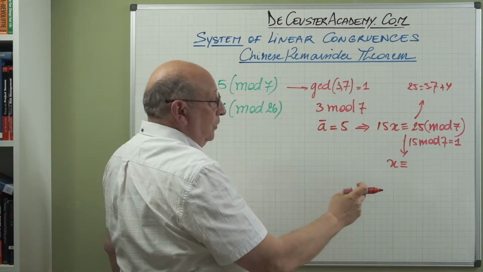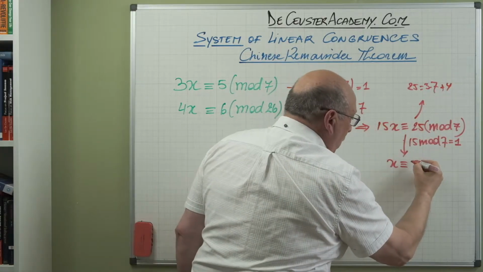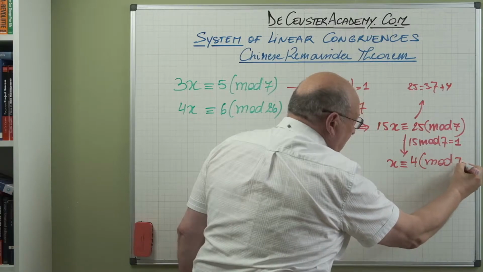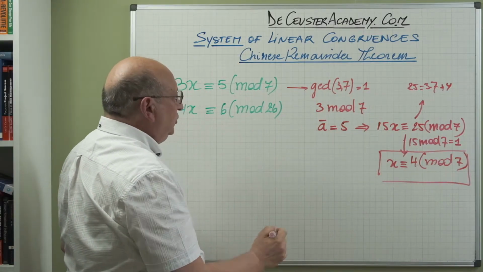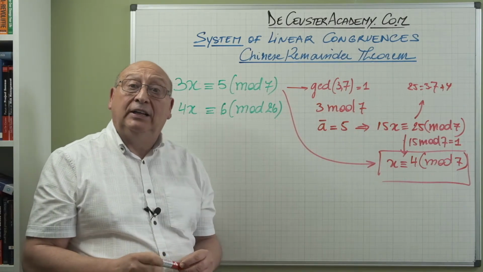So 25 modulus 7 is equal to 4, so we find x is congruent 4 modulus 7. And that's basically the first equation that we will use in our system.